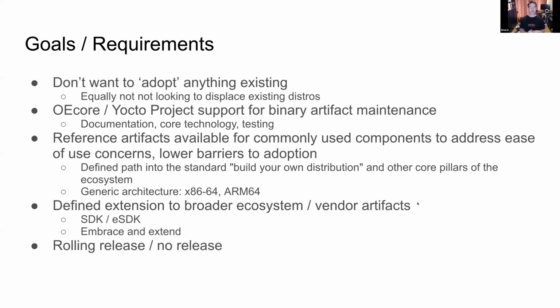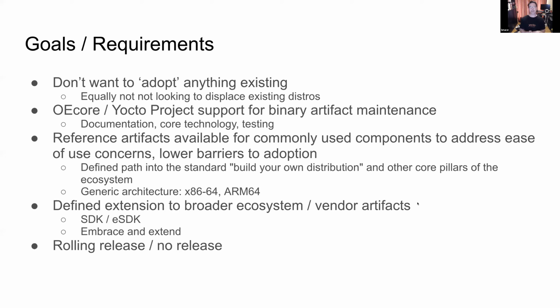Because there's a tightly focused set of initial goals, we don't want to steal somebody's project or overly influence it, so we're not looking to adopt anything. It's along the lines of the reference Poky distro. This would be a binary reference of similar generic nature.